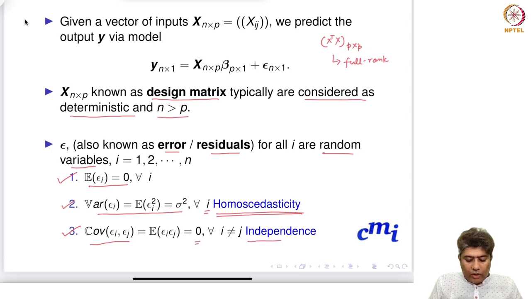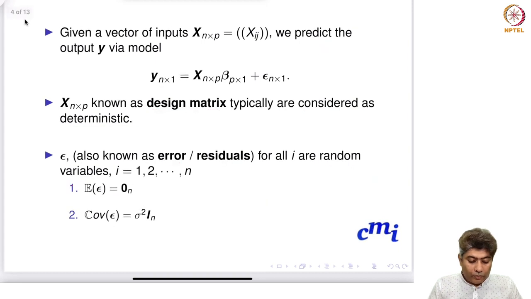This is coming from the independence assumption, that is, the ith sample and the jth sample are independent of each other, and that gives us the assumption that covariance of epsilon i and epsilon j is 0. Now we can write this in matrix notation, where expectation of epsilon is a vector of 0, of size n, where all elements are 0.